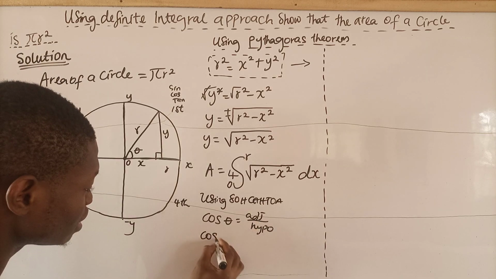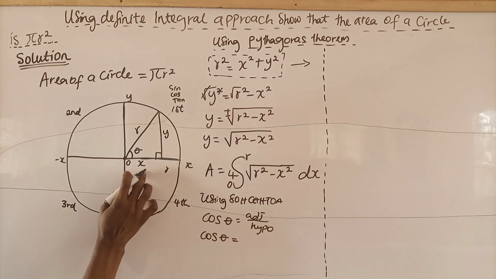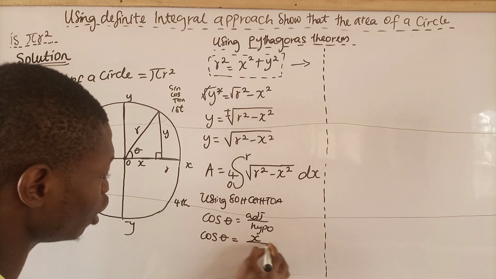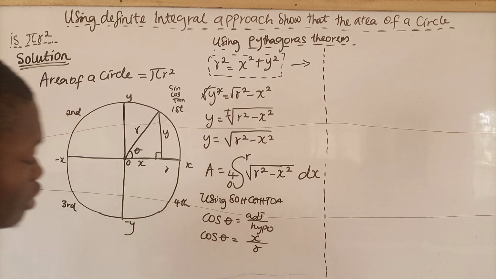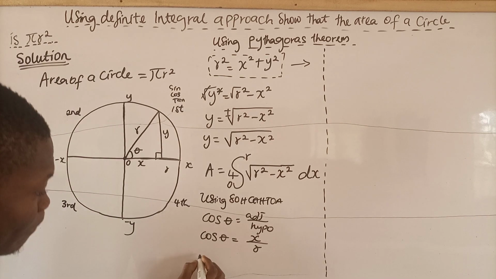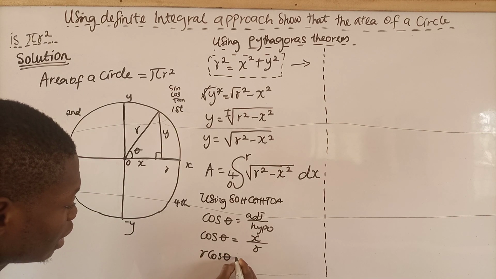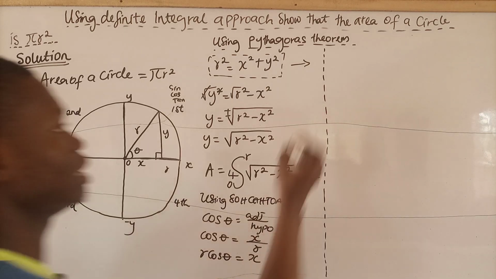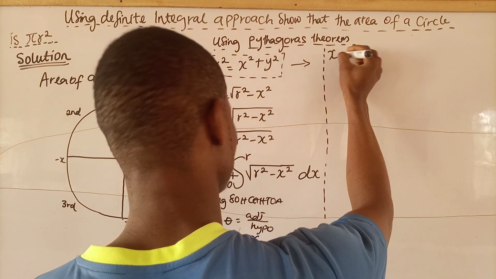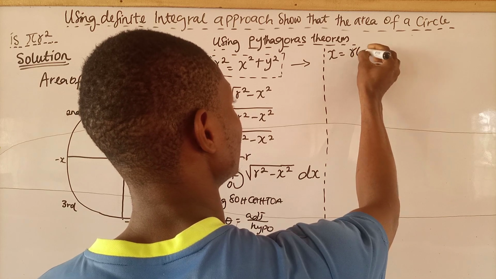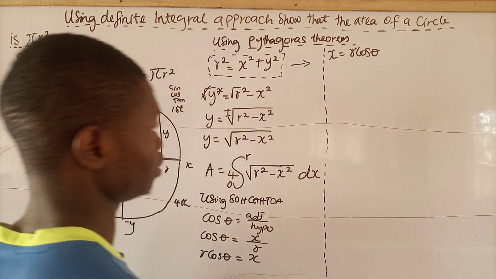So cos theta is equal to, what is the adjacent? x, all over the hypotenuse, which is R. So that r cos theta is equal to x. Therefore, our x is equal to r cos theta.